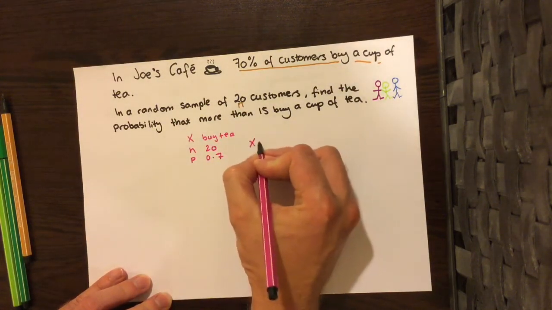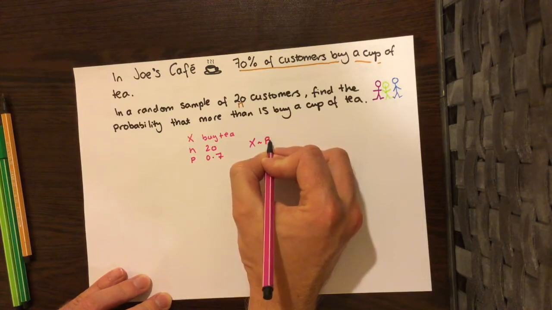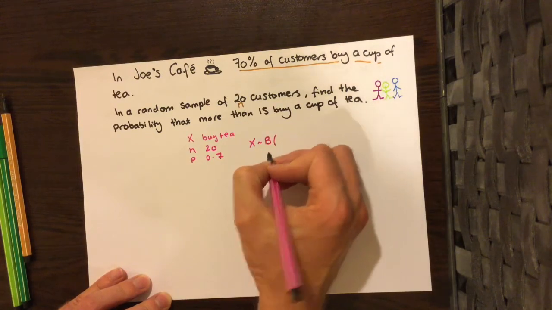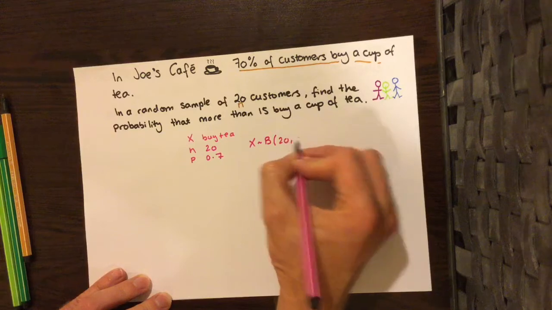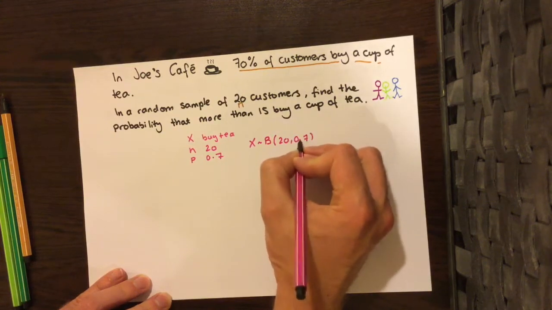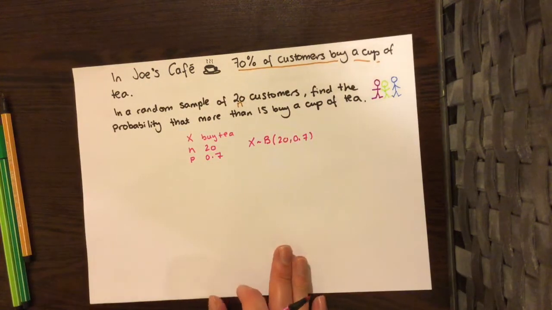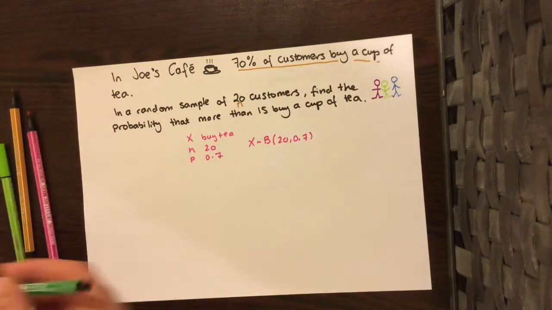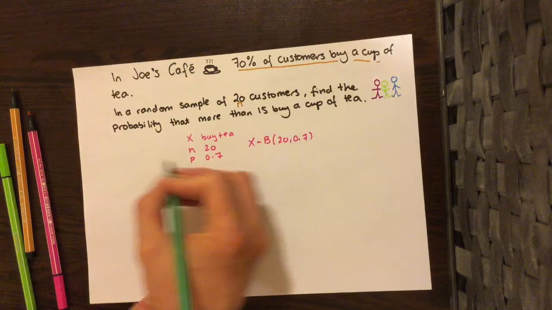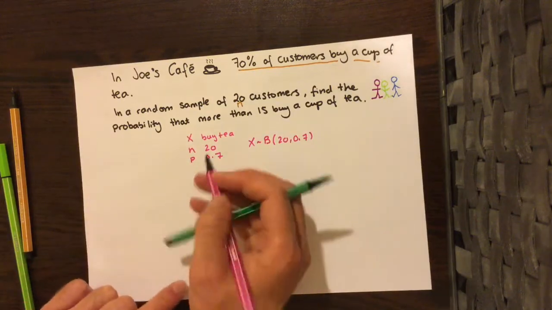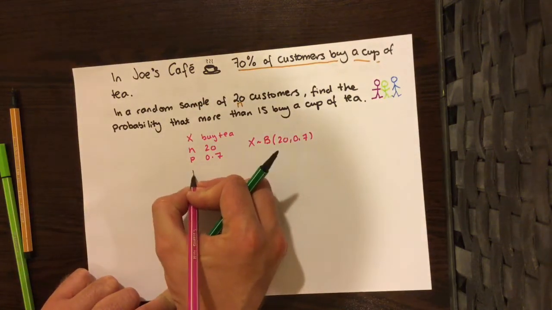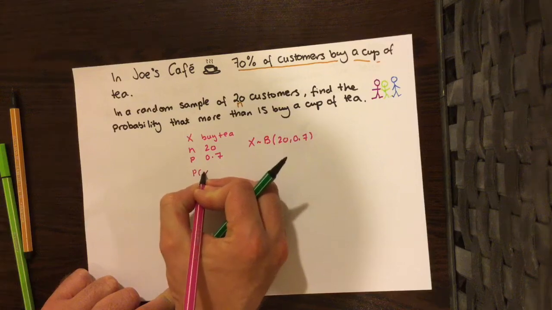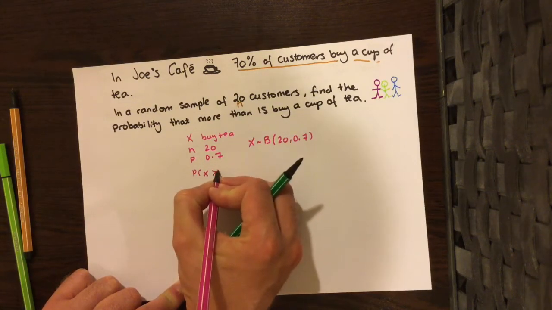So X, we've established, can be used in the binomial distribution. There are 20 people and a 0.7 chance of success. Now, we're asked to find a chance that more than 15 buy a cup of tea. So probability that X is bigger than 15.